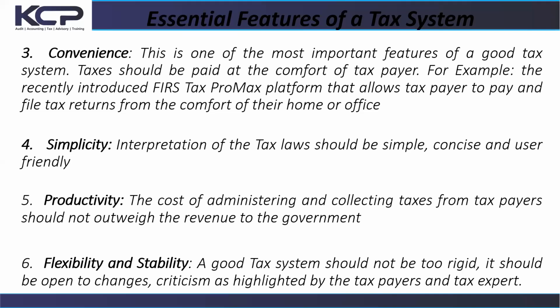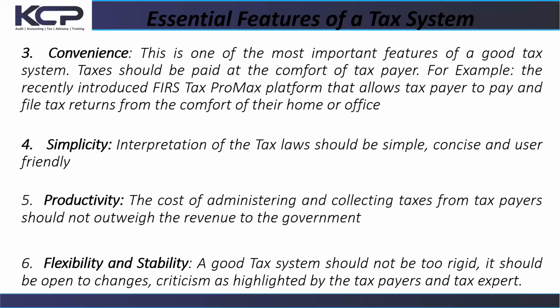Then canon of productivity. This canon of productivity is talking about our tax system should not be counterproductive. The cost of administering that tax should not be more than what actually comes from it. And the taxes collected should also not frustrate business. Then the canon of flexibility and stability.